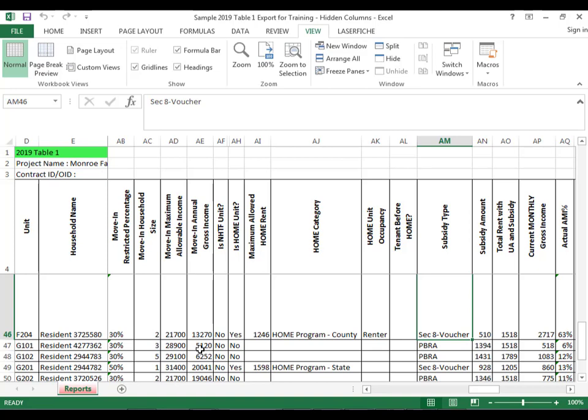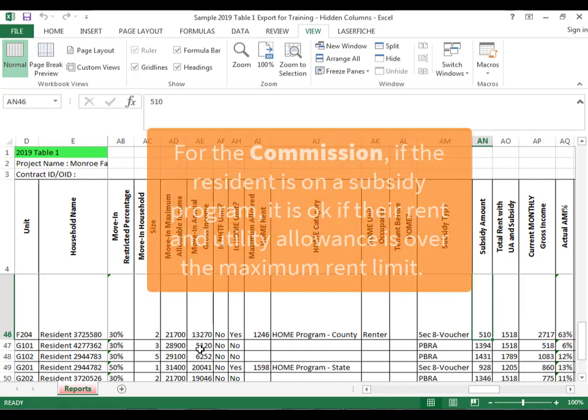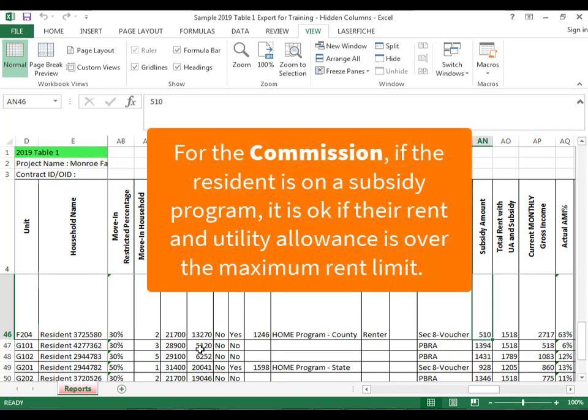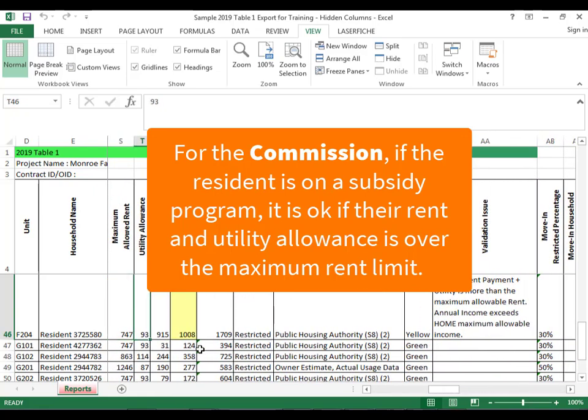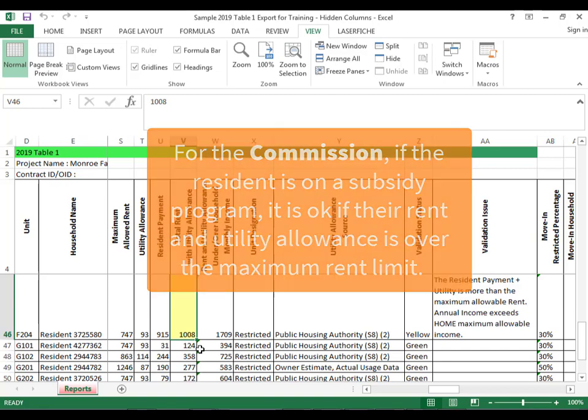For the over rent part, I'm continuing to the right, and I'm seeing that this household is on a Section 8 voucher that is providing a subsidy of $510. For the Commission, if the resident is on a subsidy program, it is okay if their rent and utility allowance ends up being over the maximum rent limit.